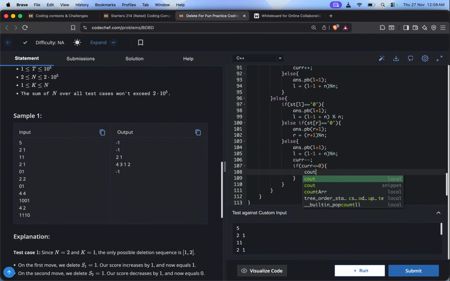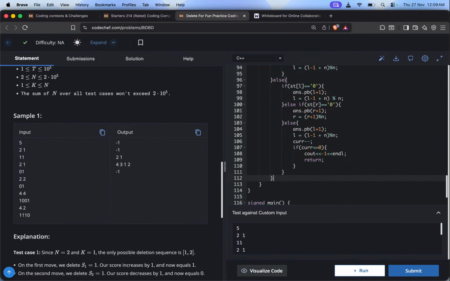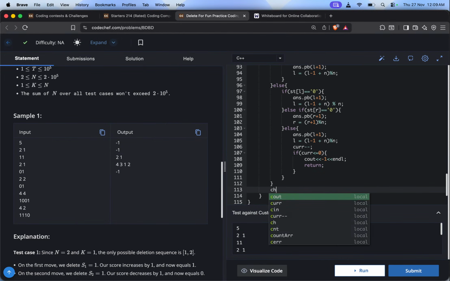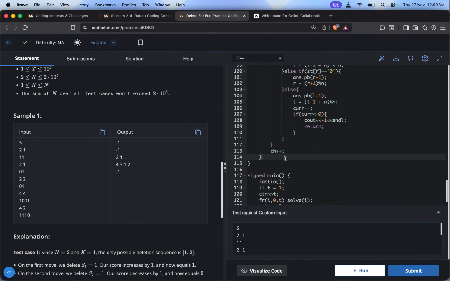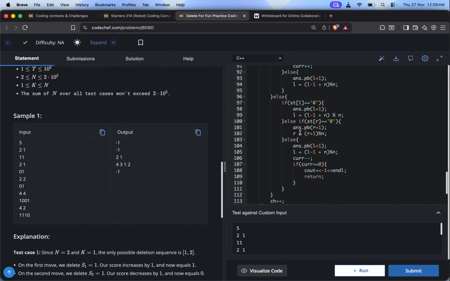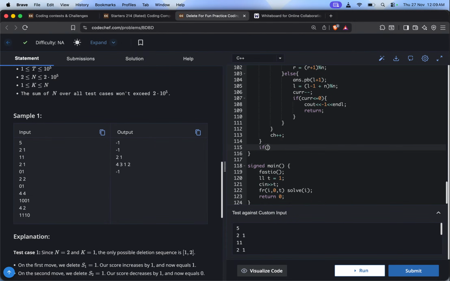For that case, just print -1 because an answer is not possible, and return. At the end, just make sure after every operation, choice is changing. And now we are left with just one single element. What is it? L plus 1 or R plus 1.